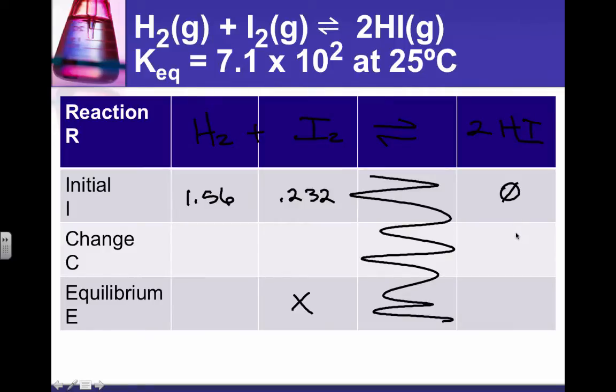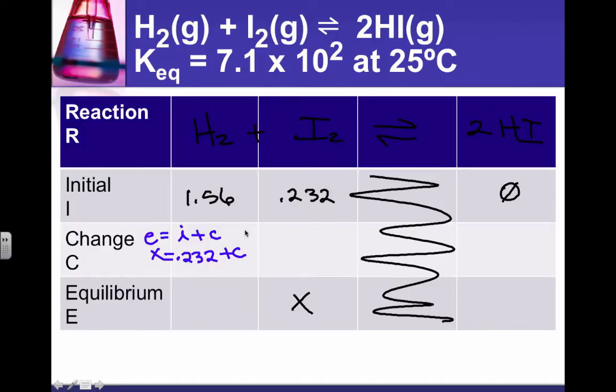Now, here's where the tricky part comes in. I want to remind you that equilibrium values come from adding initial plus change. So my initial is 0.232, and I have some change that I'm trying to figure out. My equilibrium value we're calling x.